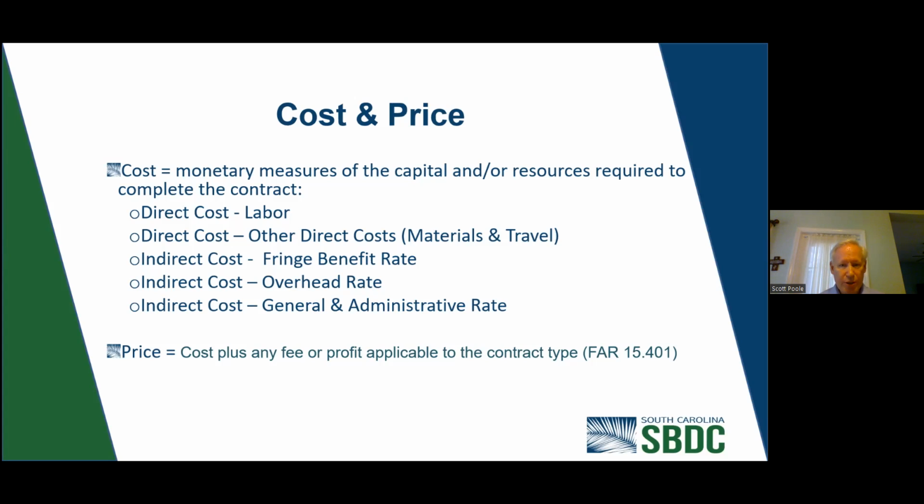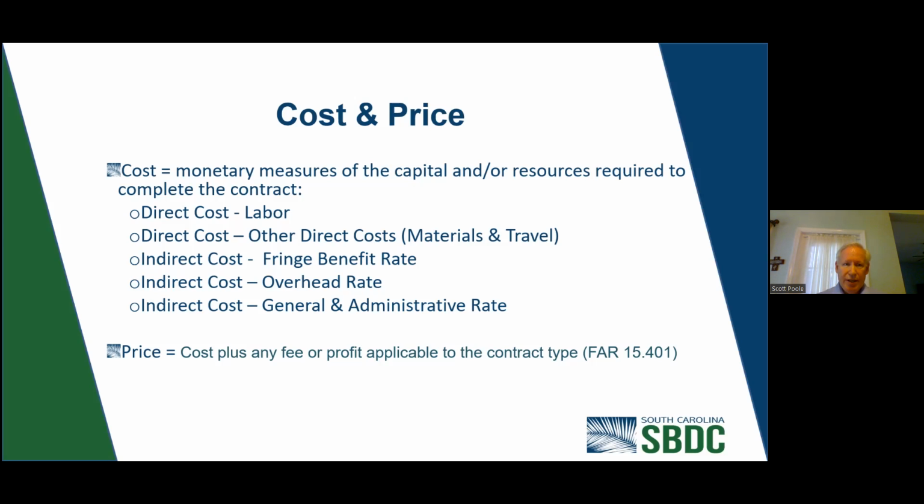You'll develop a fringe benefit rate, an overhead rate, and a general administrative rate. Now, when we go to the price, it's taking all these costs plus any fee or profit applicable to the contract type. You can see different contract types and fees in the FAR, the Federal Acquisition Regulation, 15.401.